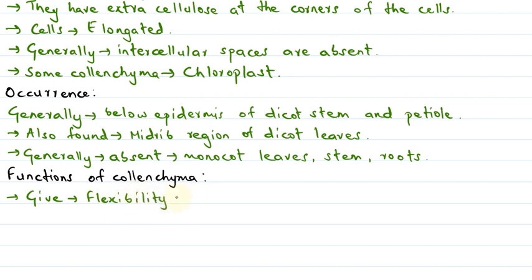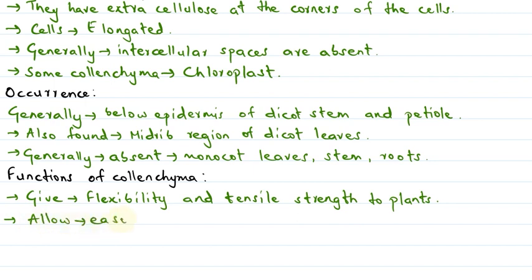They provide the flexibility and tensile strength to plants. Then the collenchymatous tissues allow easy bending in various parts of a plant.